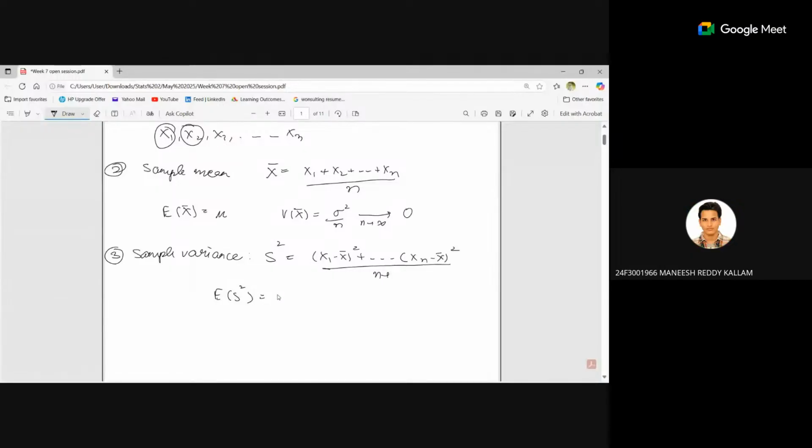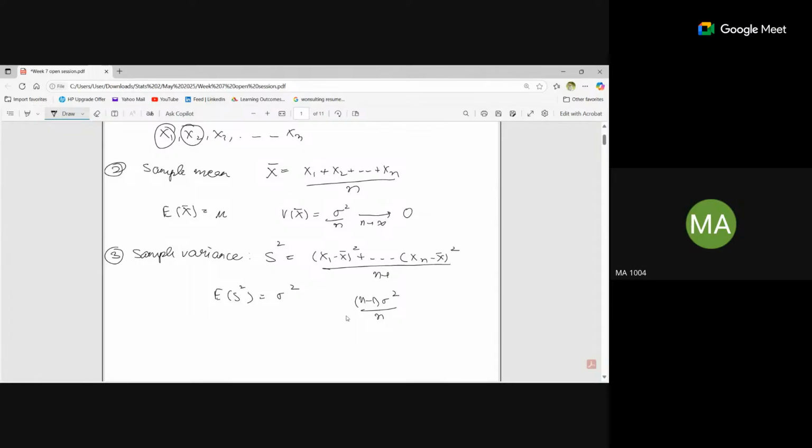Ma'am, in the lecture it's given as sigma square, but in one of the tutorials it's given in relation with n. It is n minus 1 into sigma square divided by n, ma'am. In the week 7 tutorial 1, it's given in the last question.